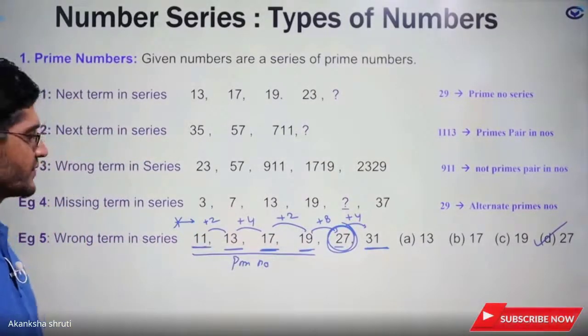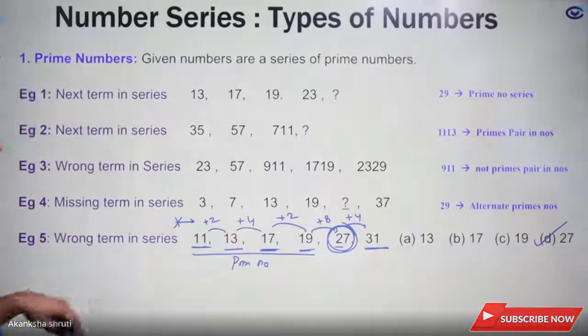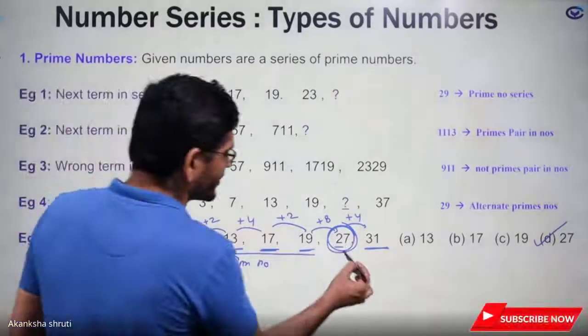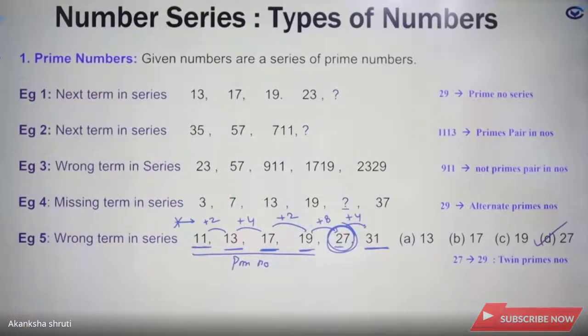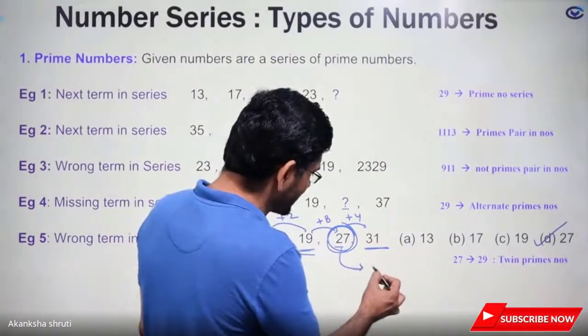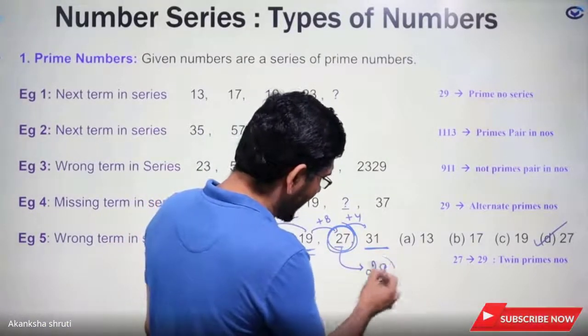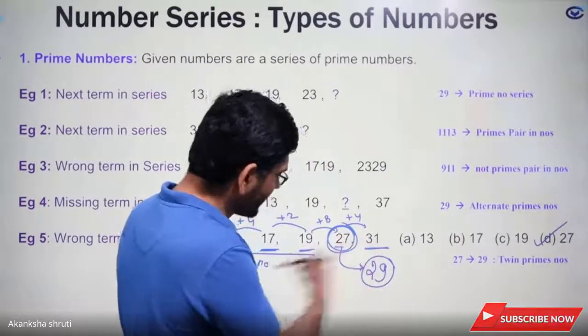Okay. So whatever the concept of series, the same has to be applied, but that will not be satisfied by only one of the terms. Remaining all the other terms will satisfy it. So what should be in place of 27? 27 should be replaced by 29. If in place of 27, 29 is there, it becomes all primes.